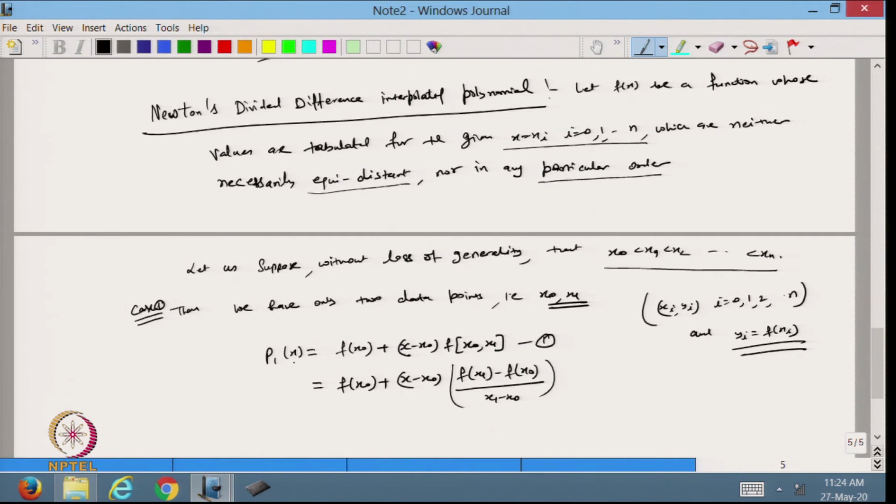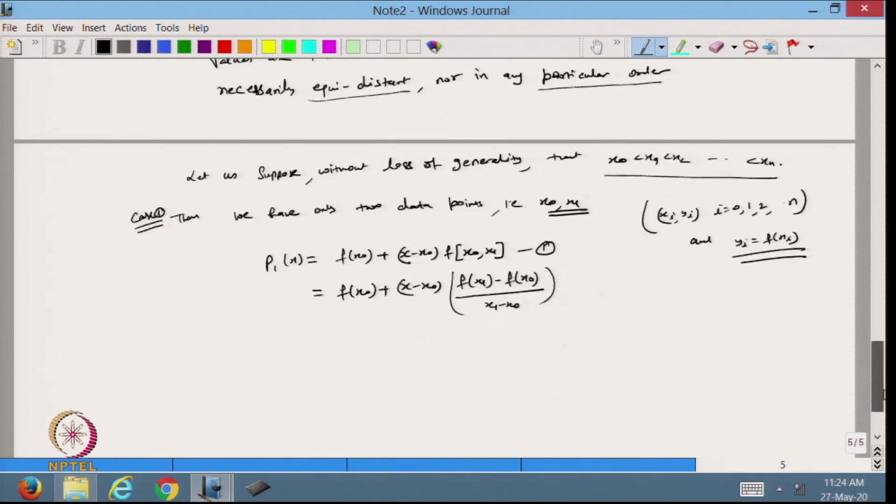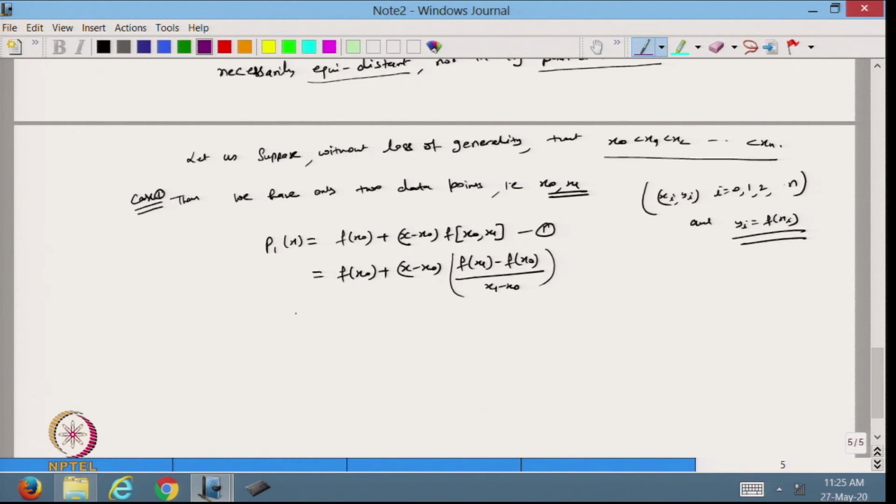Now, let us verify this one. Now, p1 at x0, so this will be all 0, so that should be equal to f0, and p1 at x1, so this is f(x0) plus (x1 minus x0) times f of x1 minus f of x0 divided by x1 minus x0.